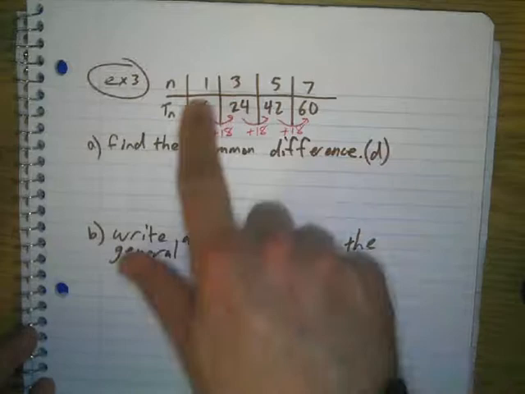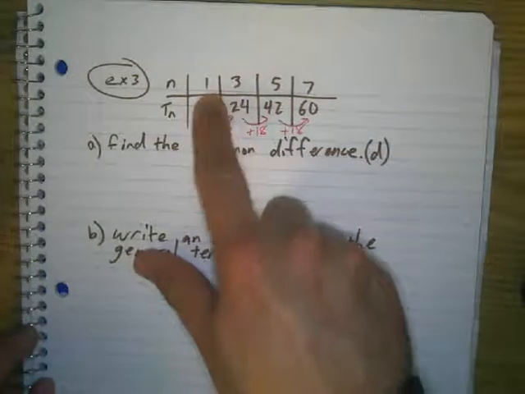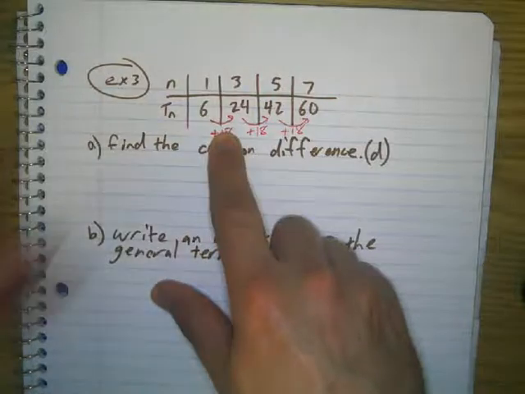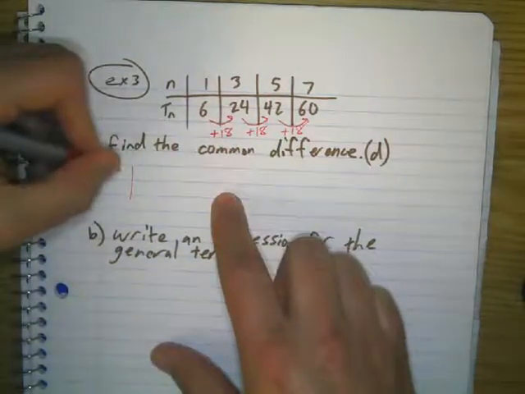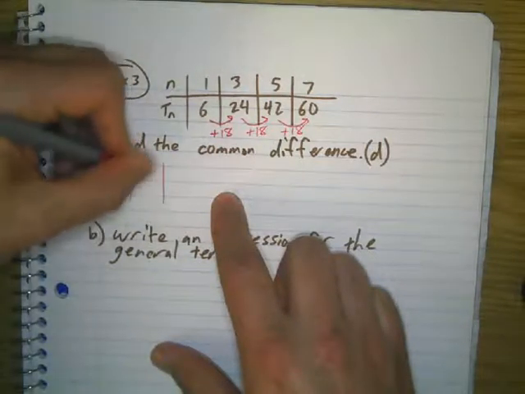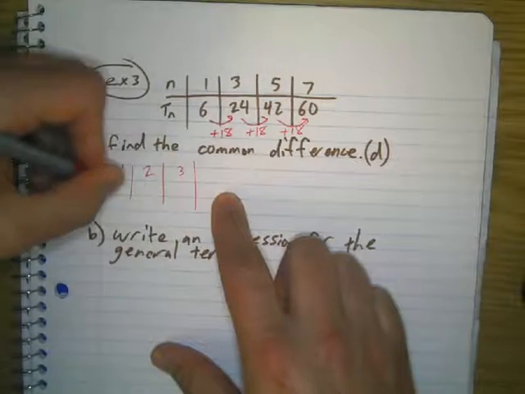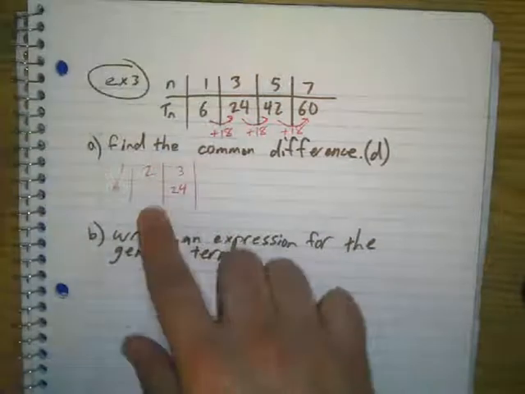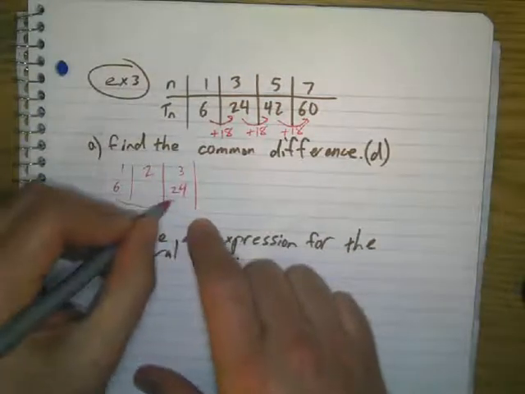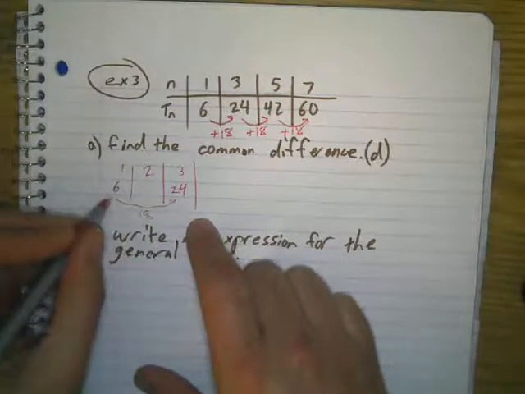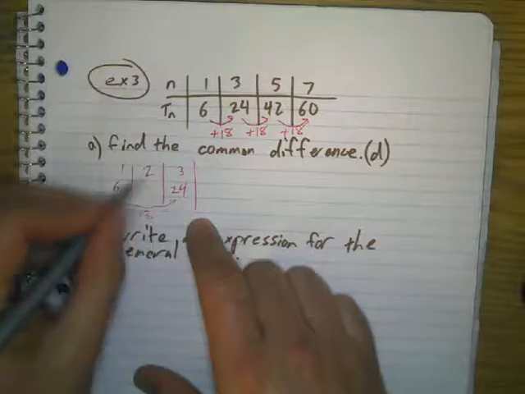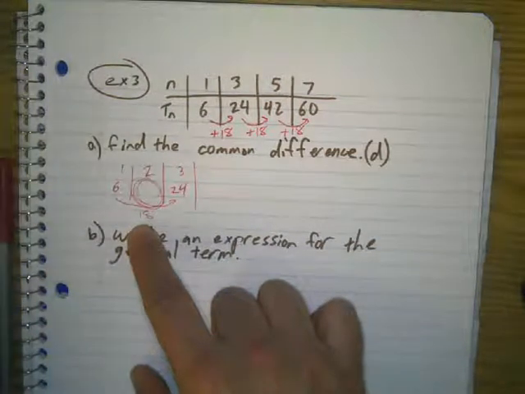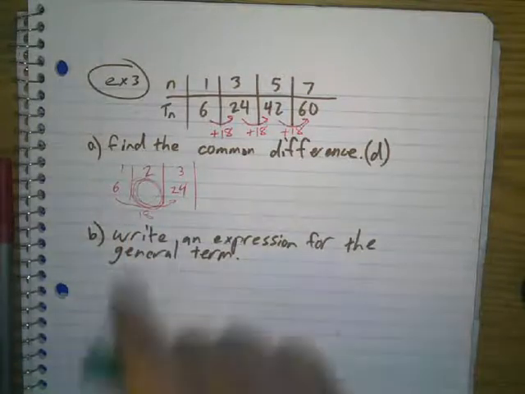So this is increasing. Notice here it's 1, 3, 5, 7. So from 1 to 2 to 3, if I have 6 here and 24 here, from here to here is 18. So this is going to be half of that, right? So what's half of 18? 9, right?